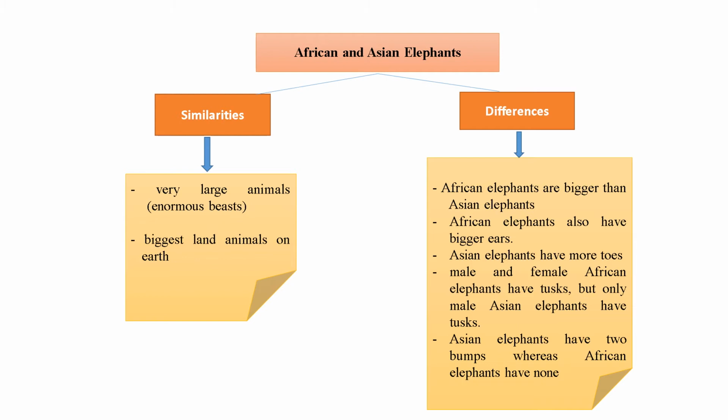African elephants are bigger than Asian elephants. African elephants also have bigger ears, but Asian elephants have more toes. Male and female African elephants have tusks, but only male Asian elephants have tusks. Asian elephants have 2 bumps, whereas African elephants have none.